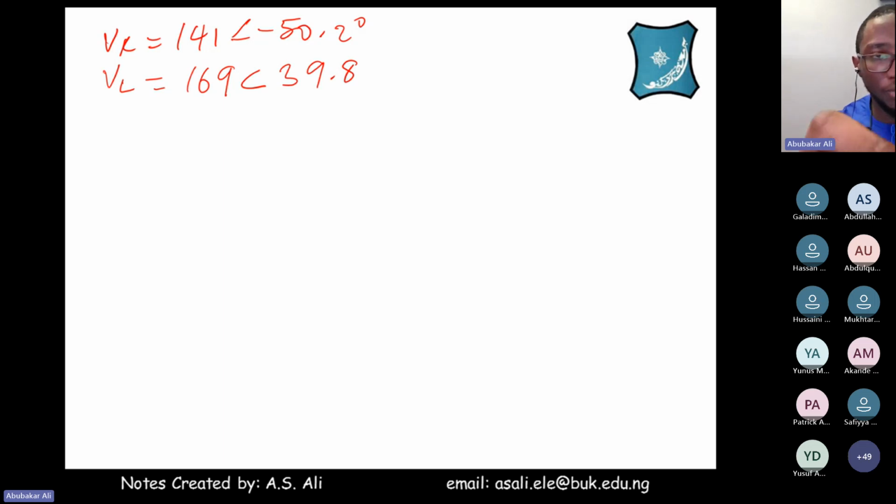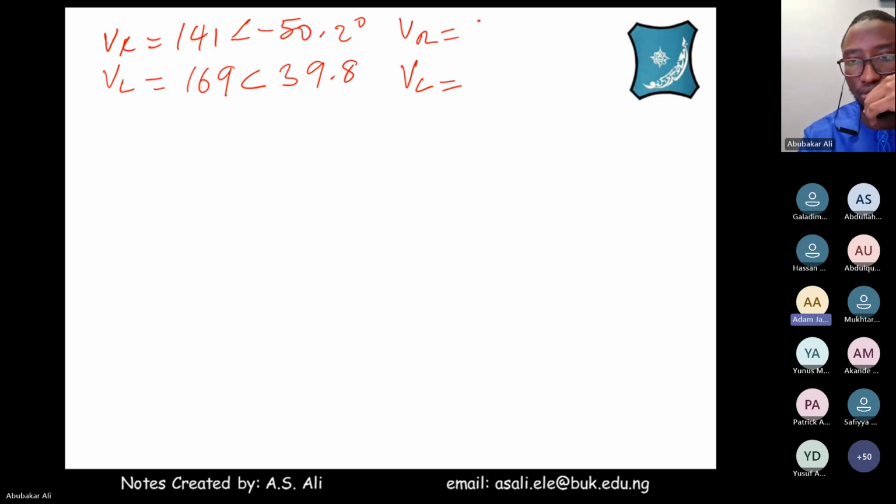So converting VR in Cartesian form, we are going to have 141 cos minus 50.2 plus, somebody do it for us, and somebody do VL for us. Where is the calculator?